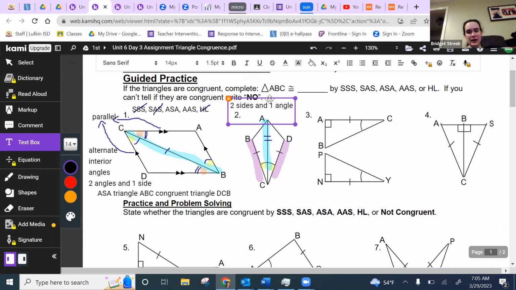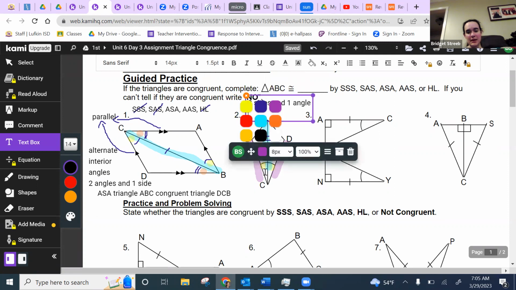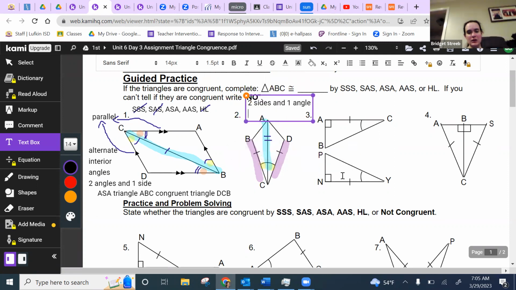And that angle is included between the two sides, being made by those two sides. So that means we have side, angle, side. If you weren't sure about it, we could cross out anything that doesn't have two sides and one angle, which leaves us with SAS and HL.